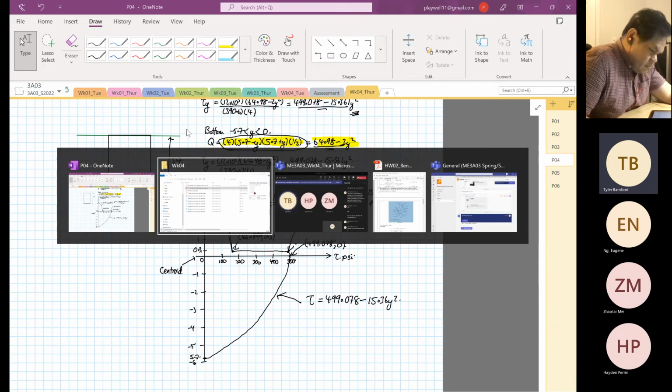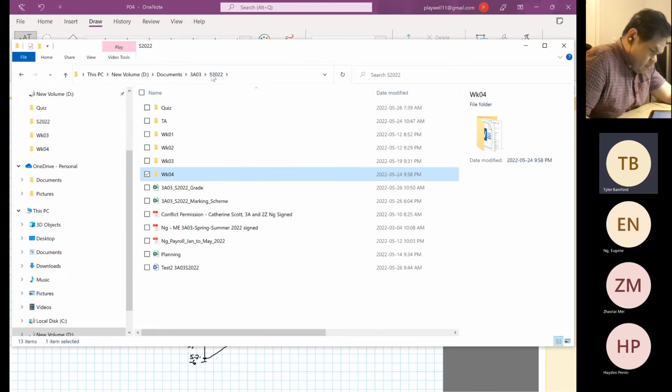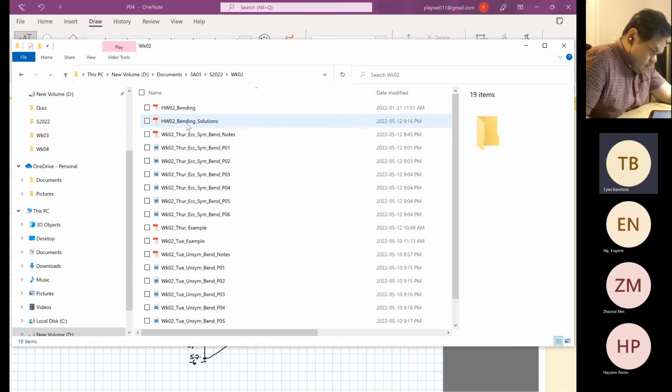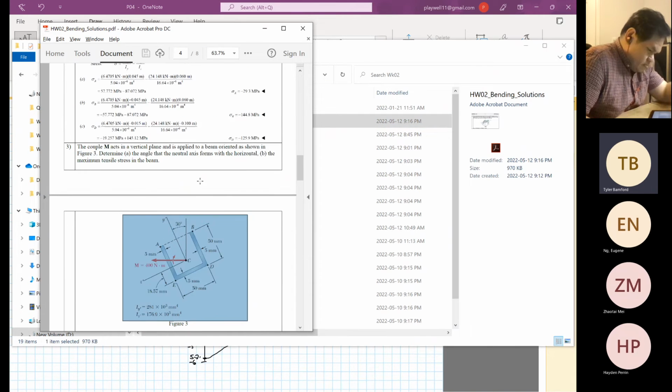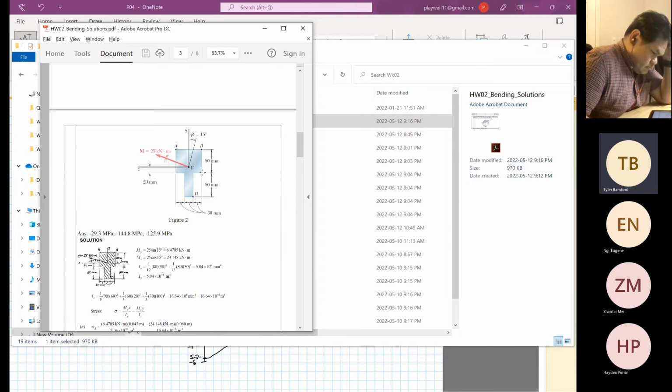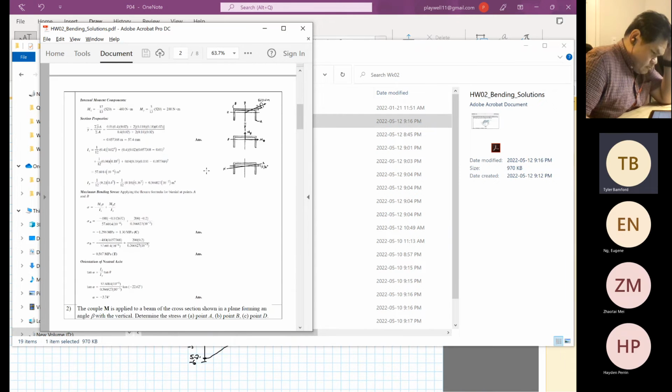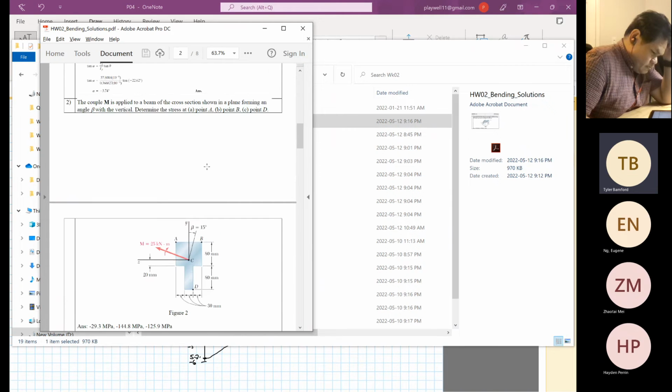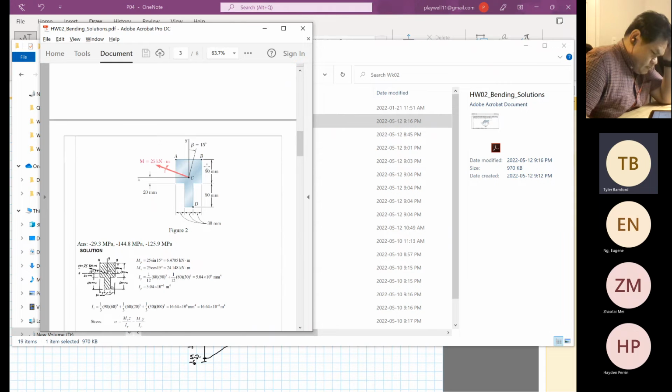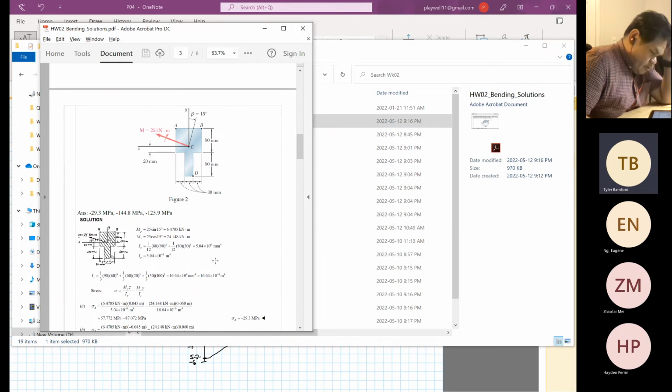It's question 2, and they calculated their second moment of area about z in a very peculiar way, and I'm mostly just wondering if we could stick to the more basic way that you showed us. You mean this one? Yeah, I'm really not sure how they calculate.